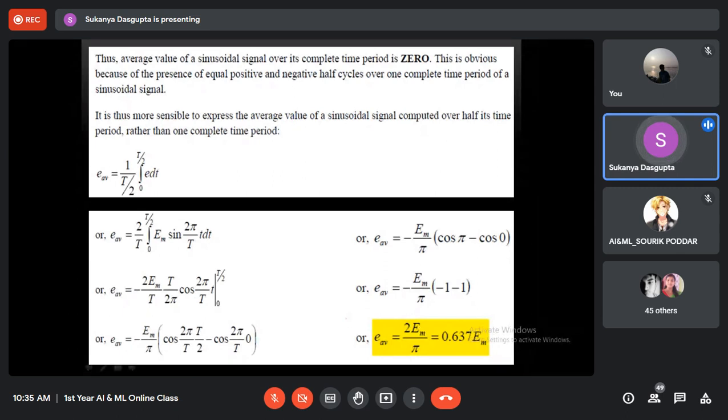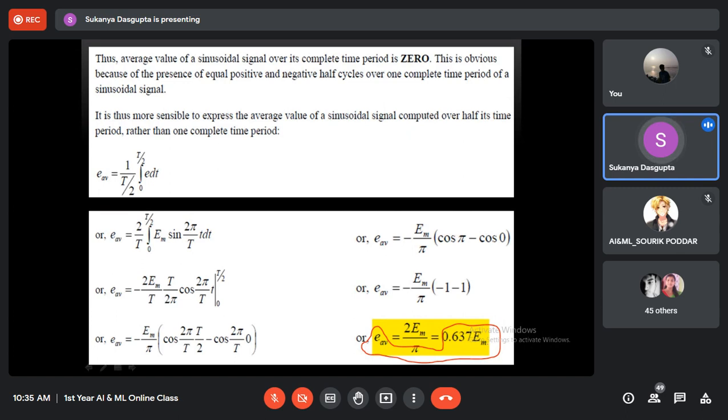That means the average voltage of a pure sinusoidal wave can be calculated over the half time period, and it is evaluated as 0.637. This expression is very much required in electrical engineering for further analysis of AC circuits or electrical circuits. E average is 0.637 of Em.